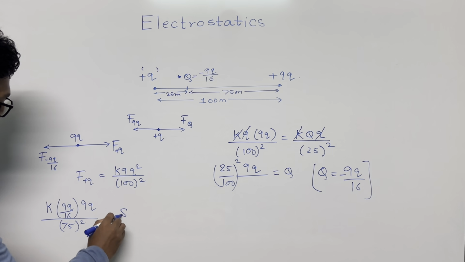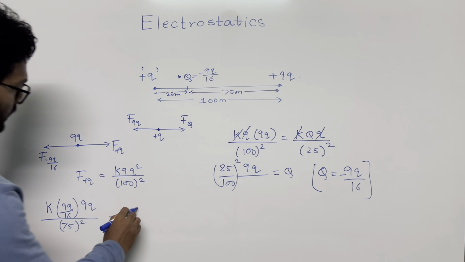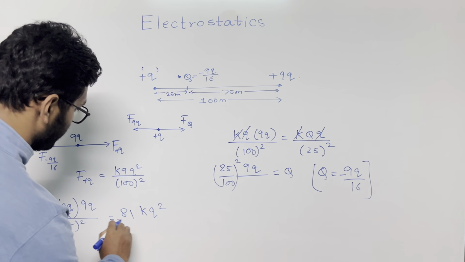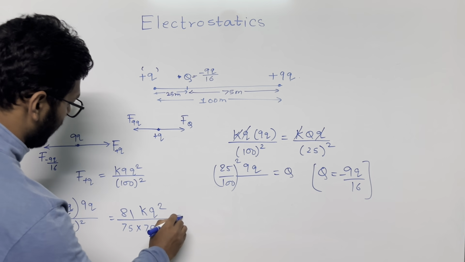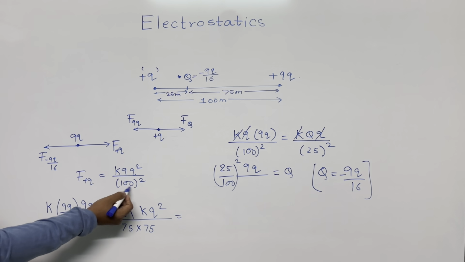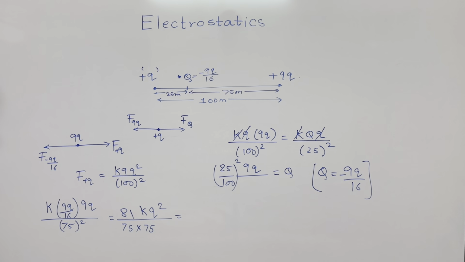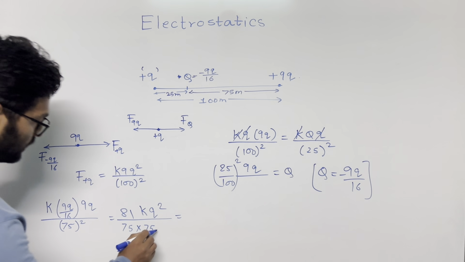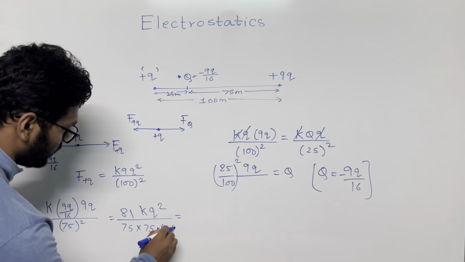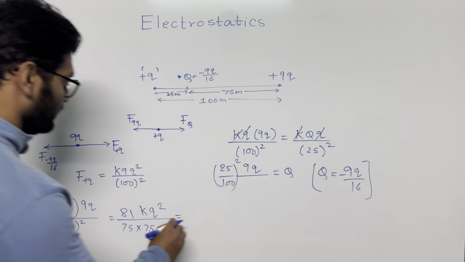So this will be 81. 9 into 9 is 81. Kq square divided by 75 into 75. Now to compare this, I should have denominator 100. So basically, what should I do? There is 16 as well, right? So 16 I will write as 4 into 4. And let's look at this.